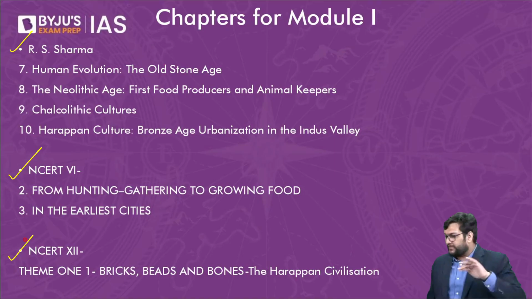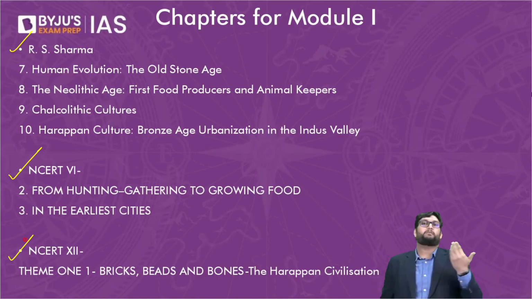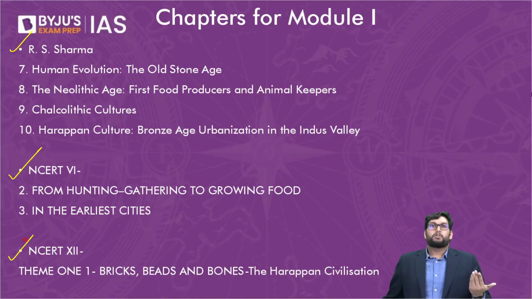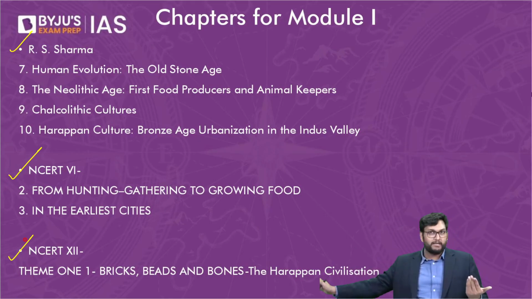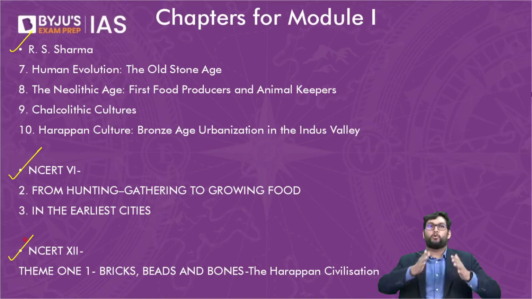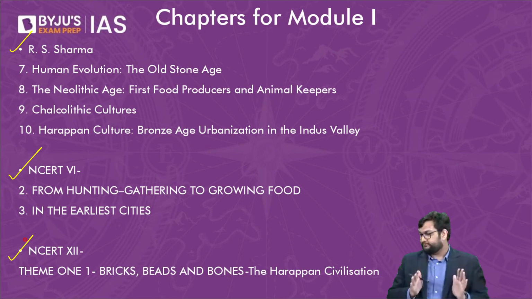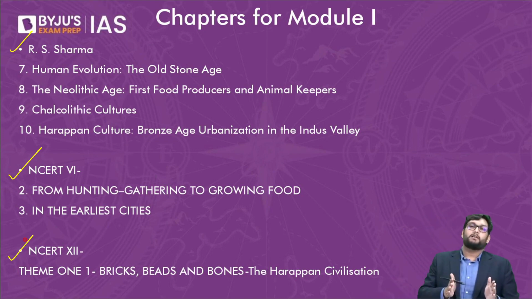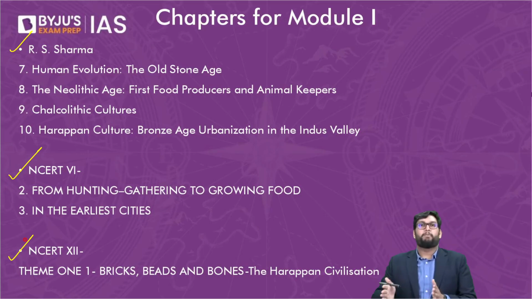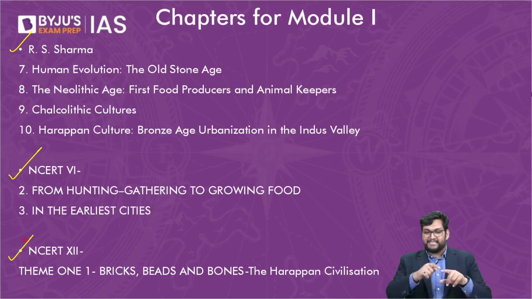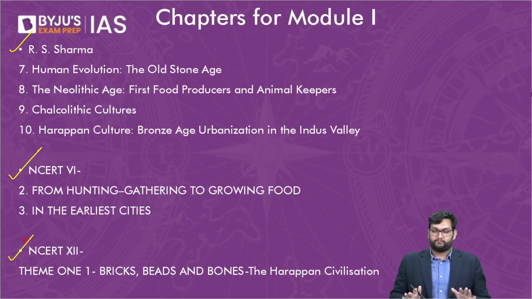Not every chapter in NCERT is important. Not every chapter in these 12th class NCERTs is important. So I have tried to make it as easy as possible, wherein you know PPT plus NCERT, and I've also given you module coverage from which book, which area. This is called literal spoon feeding, but I believe that because there is a lot of confusion, this is something which will work for you. If you want to skip it, that is totally your call.